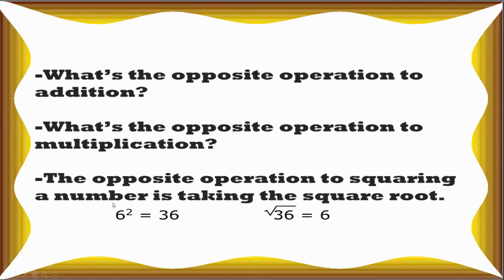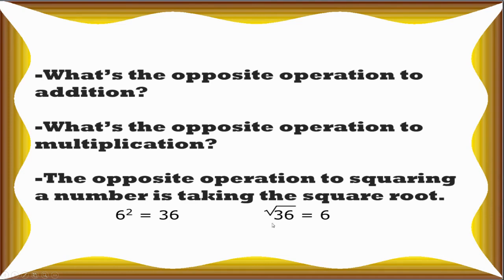So let's take a look at this one. 6 squared is equal to 36, because 6 times 6 is equal to 36. Now, the opposite operation of that is to get the square root of 36.